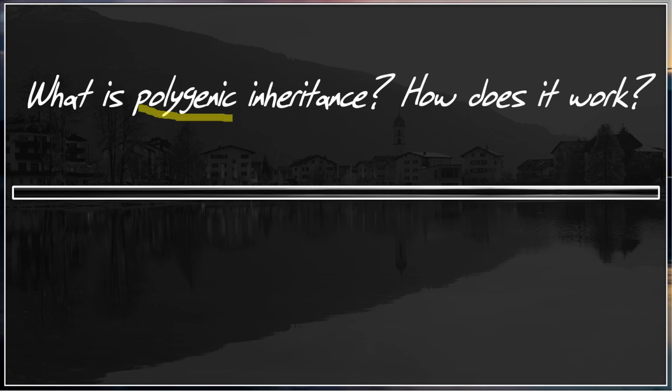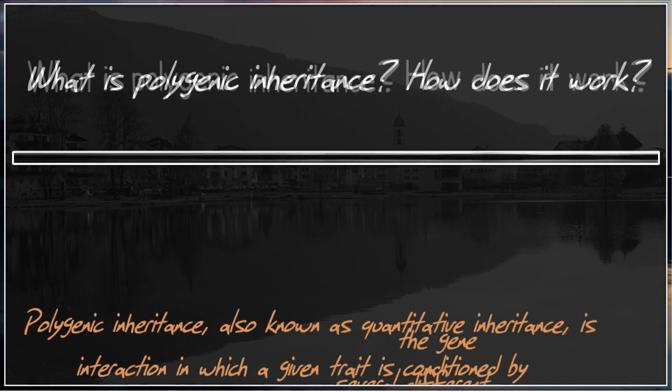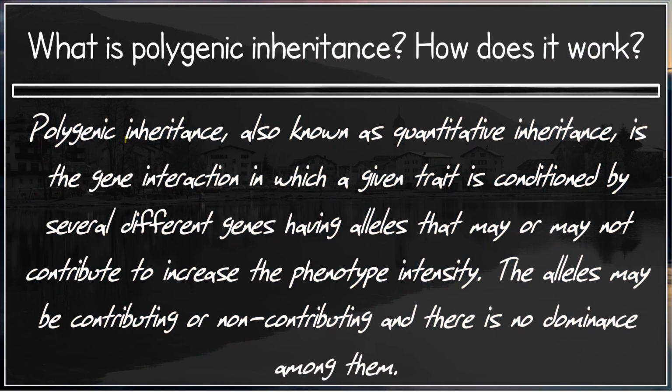What is polygenic inheritance? How does it work? Polygenic inheritance, also known as quantitative inheritance, is a gene interaction in which a given trait is conditioned by several different genes, having alleles that may or may not contribute to an increase in the phenotype intensity.